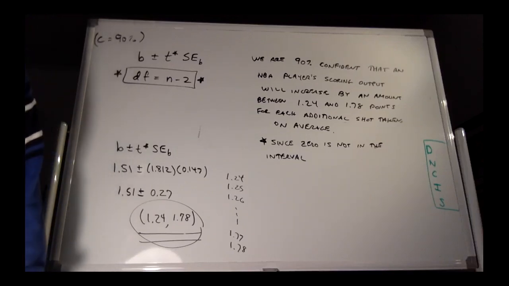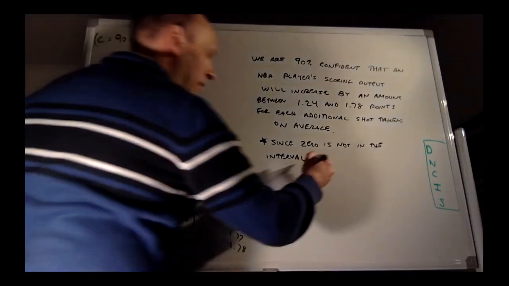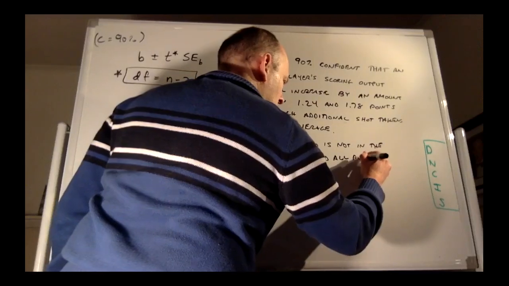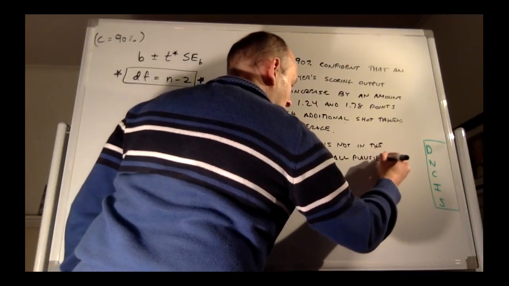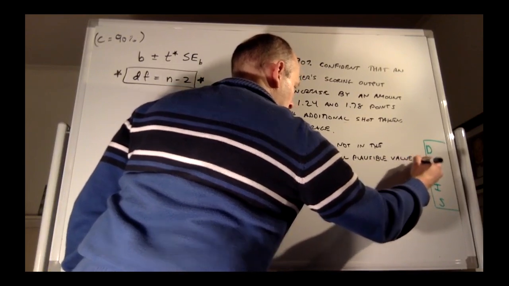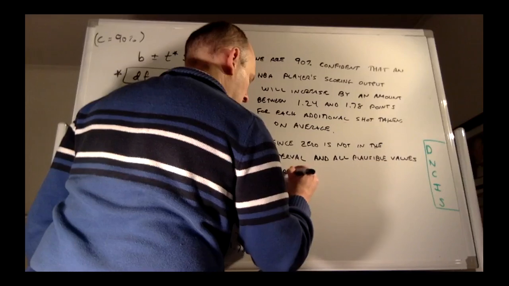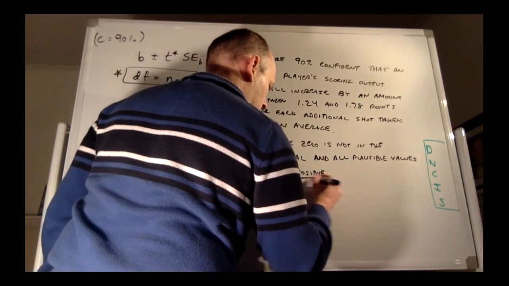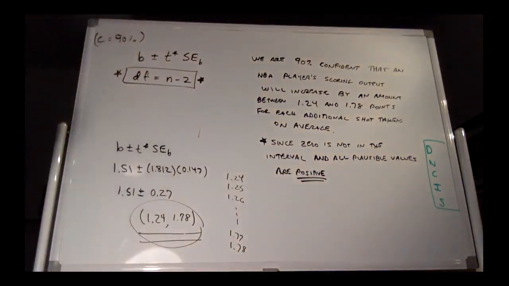So since 0 is not in the interval, and we can even add to that, and all plausible values are positive. That's important, actually. We definitely need to say that part.